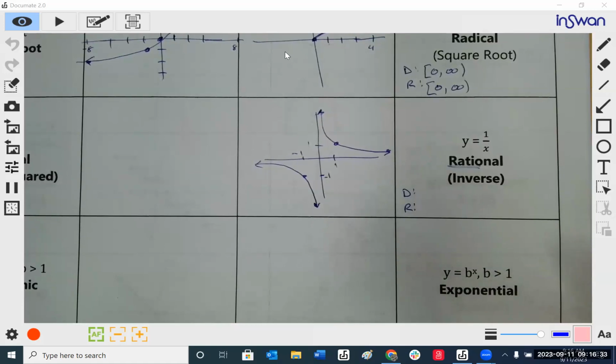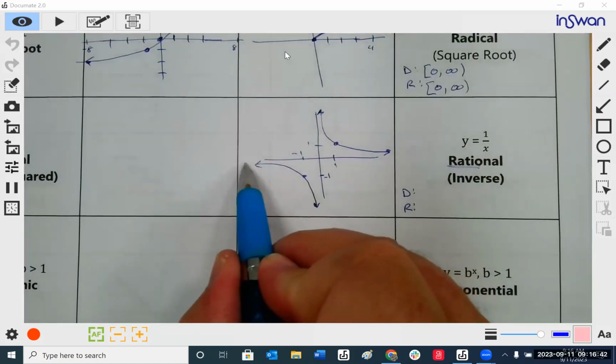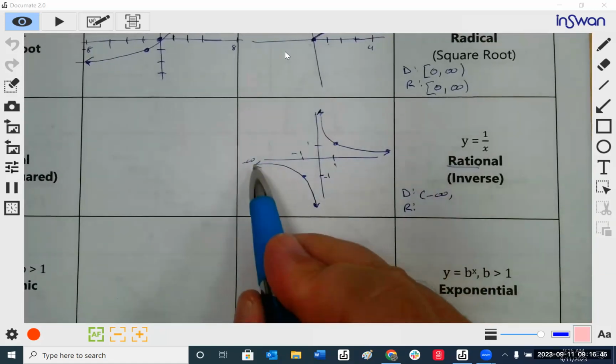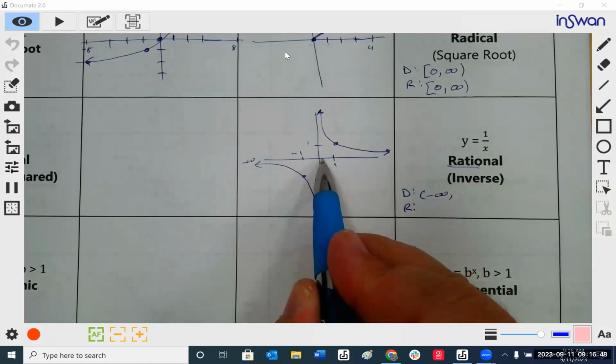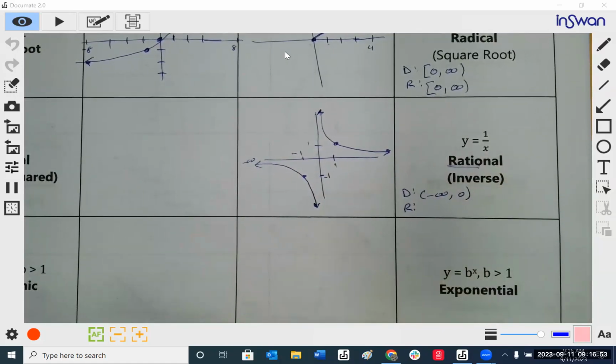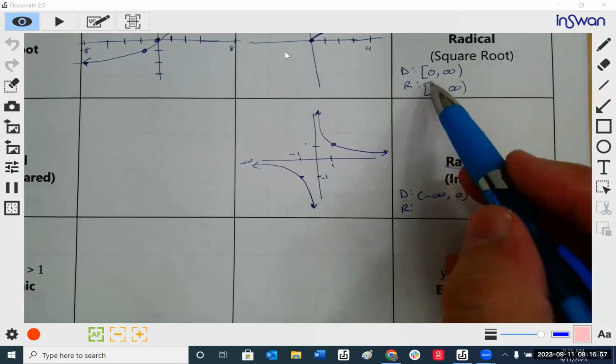So what's my domain going to look like? Always start from the smallest. What's the farthest left I can go? It goes on forever, so it's negative infinity. And it goes very close to zero, but doesn't touch zero. So I put a parenthesis there. Notice there's a difference between the radical.